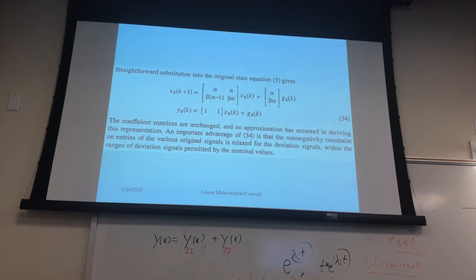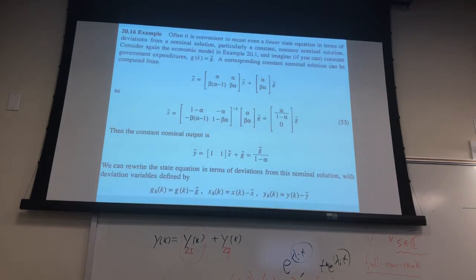There are some deeper discussions here regarding why we do this. It's because otherwise your state cannot be negative, so you become a non-negative system. Because your government expenditure, you always spend it, you don't get it back. In the economic model, those expenditures, you cannot change the sign of the variable.